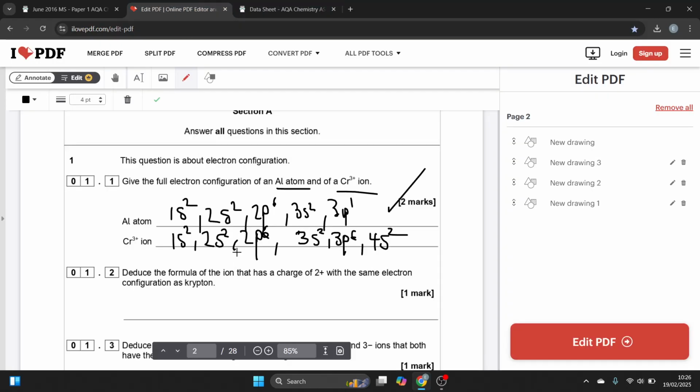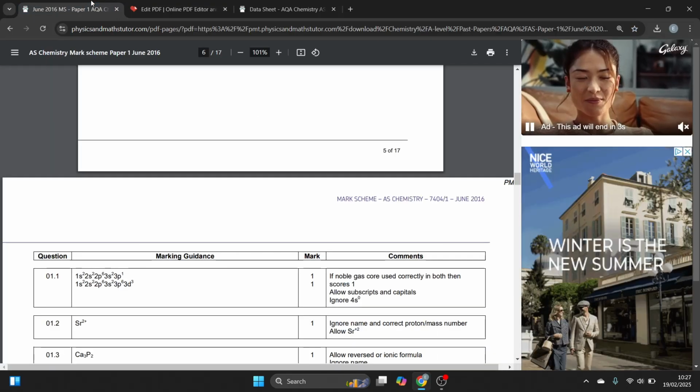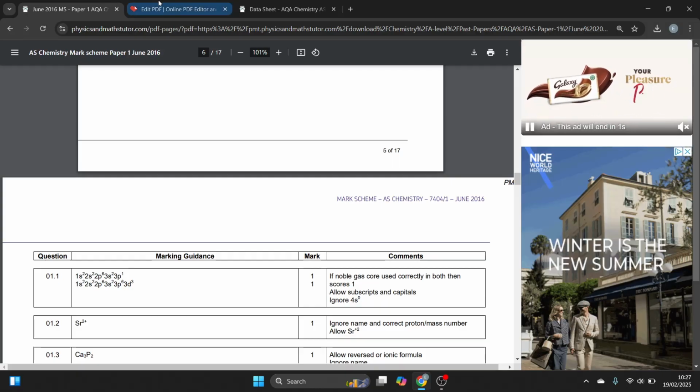So 2, 4, 10, 12, 18, 21. So then 3p6, 4s1. What happens is, instead of that, chromium's got a special rule. Instead of that, what happens is you get 3d5. No, sorry, 3d3.